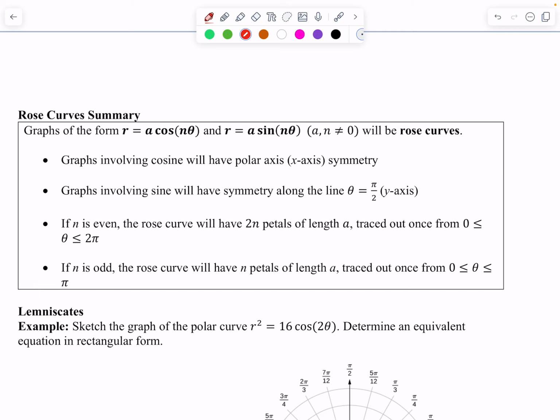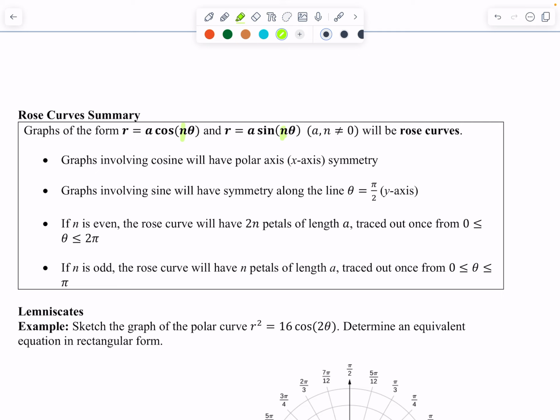So graphs involving cosine will have polar axis symmetry. Graphs involving sine will have symmetry about the line theta equals pi over 2. Now, if n is even, then the rose curve has 2n petals, so you can multiply n by 2.